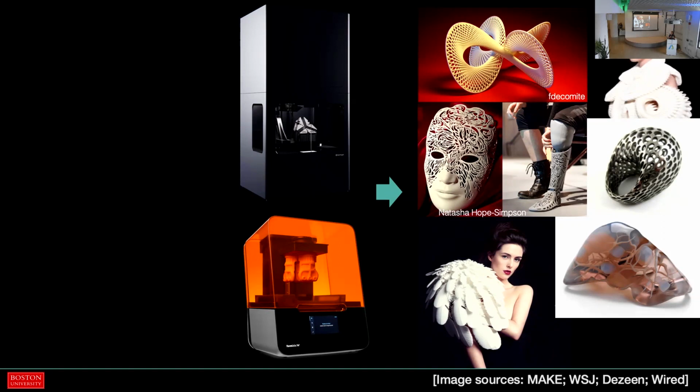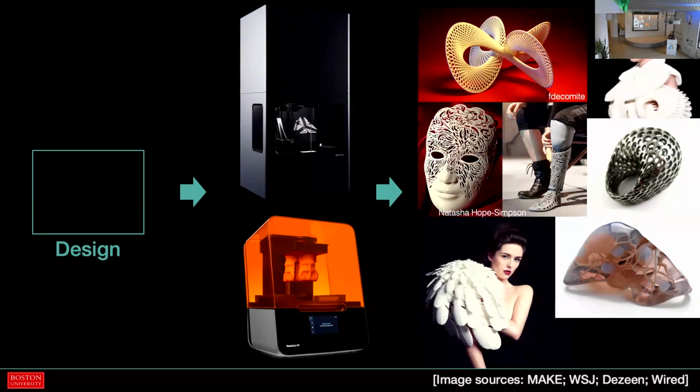What my lab focuses on, however, is that there's still a remaining bottleneck when we're looking at the complete pipeline, not just the accessibility of the hardware, but the full pipeline from conception of an idea through to its manufacture to get the physical product. When we're thinking about functional objects, there are a lot of different considerations that go into the functionality conditions.